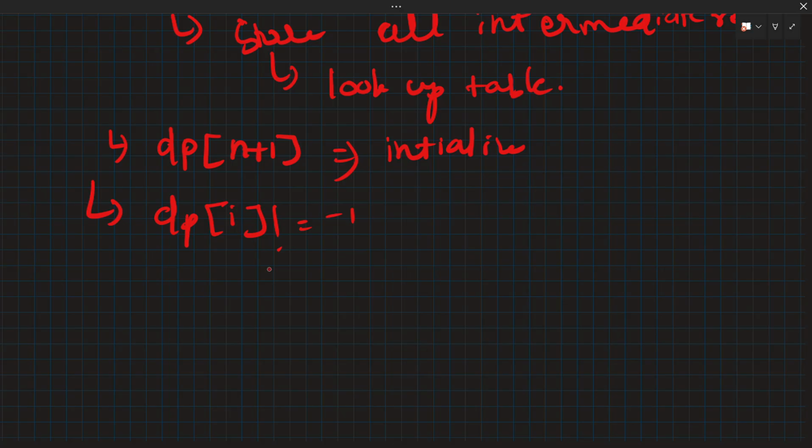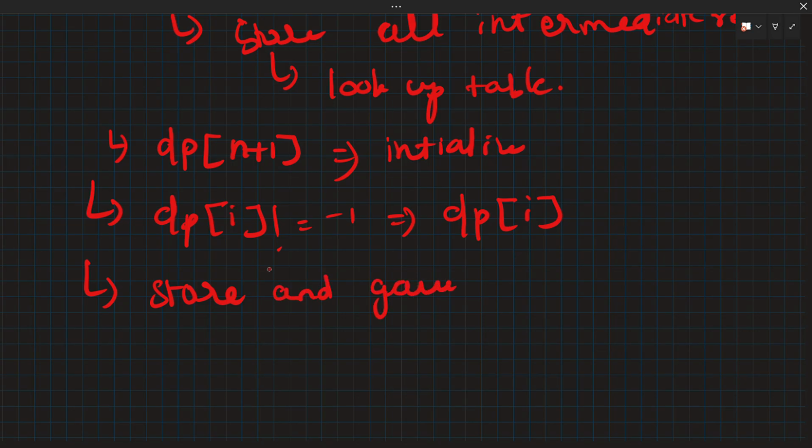That means the result is already stored, so we return dp of I from that array. And the last step is to store the result and return it.